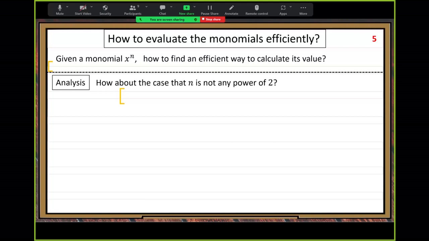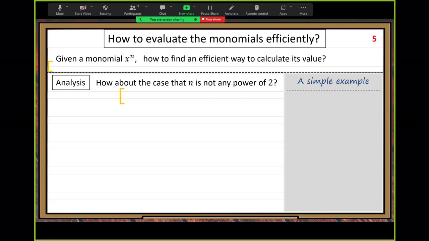Now we want to consider any positive integer n. We just want to extend this repeated squaring a little more to save our computation resource. Even if n is not a power of 2, we can still apply the repeated squaring technique. But definitely we need to do a little more computation.